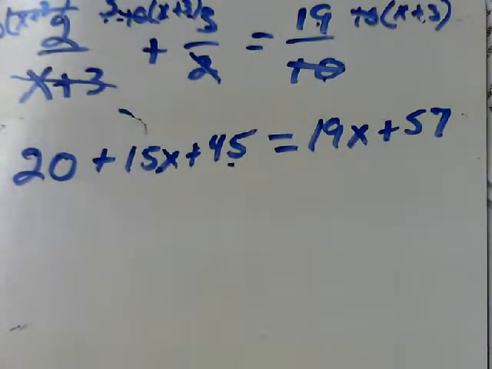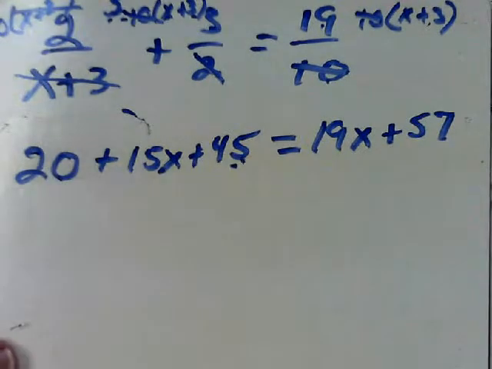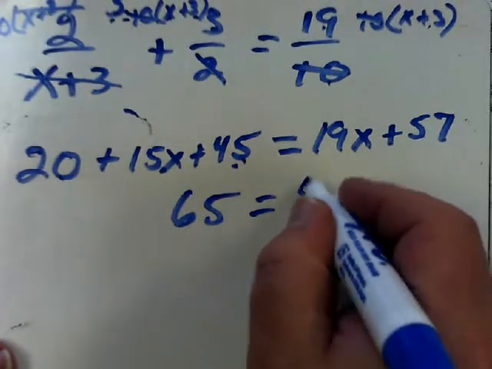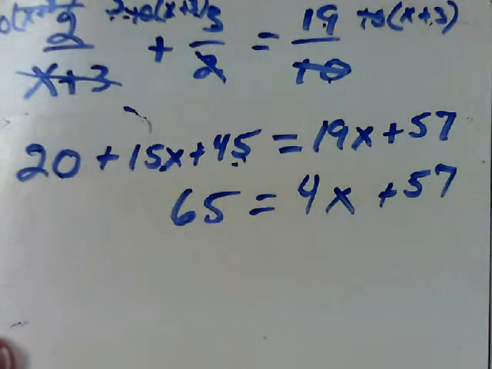Which side do you want your x's on? You want them on the right side? So what's 20 plus 45? Can I add that together? 65. And you move the 15x over, so I'd give you 4x plus 57.